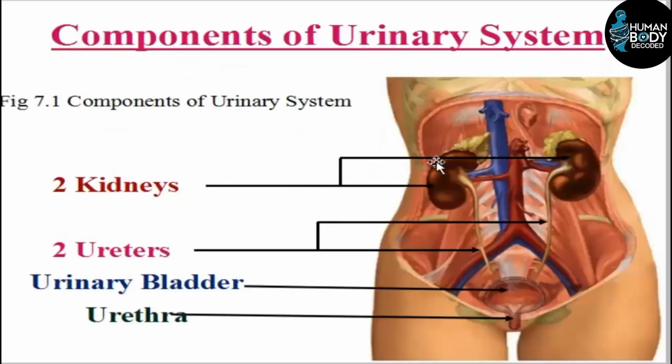After filtering, the filtered blood goes back into our bloodstream. The remaining extra waste products with the extra water in our body are sent to the bladder through the ureter. So the ureter is a tube that provides a way for the excretory products to be excreted. Then it is stored in the urinary bladder. The urinary bladder acts as a reservoir for urine. After that, there is the urethra through which we excrete urine.